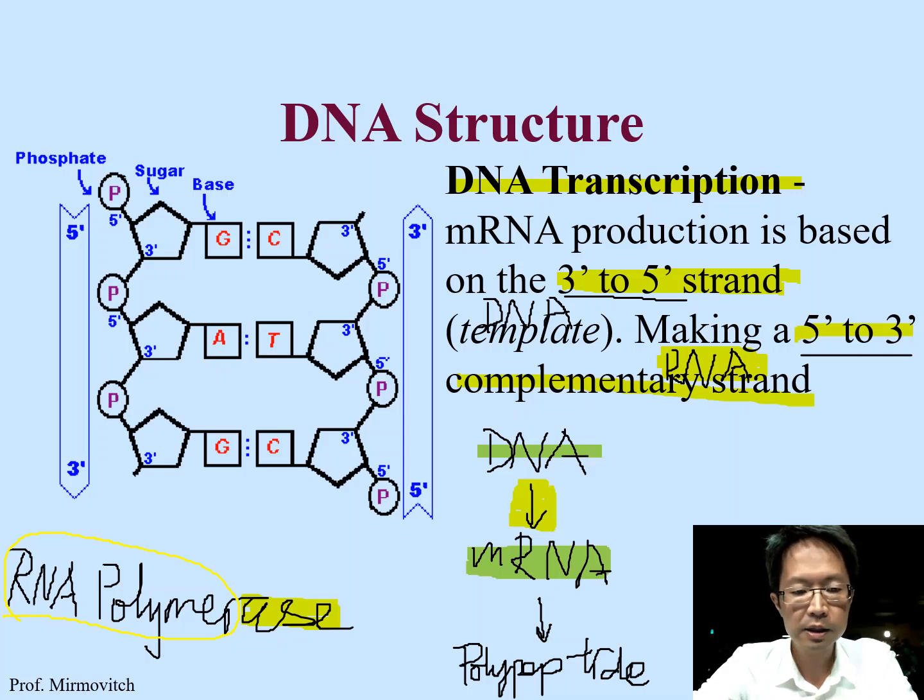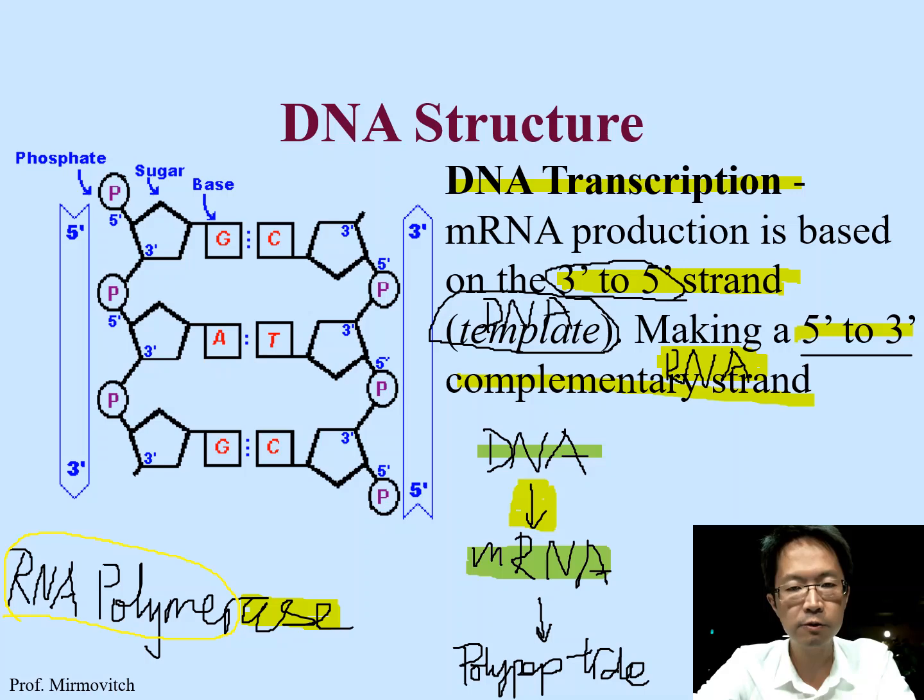So the entire story is like this. This enzyme, RNA polymerase, binds to one strand of DNA and then moves along the DNA strand in which direction? 3' to 5', on a DNA template, on one DNA strand.